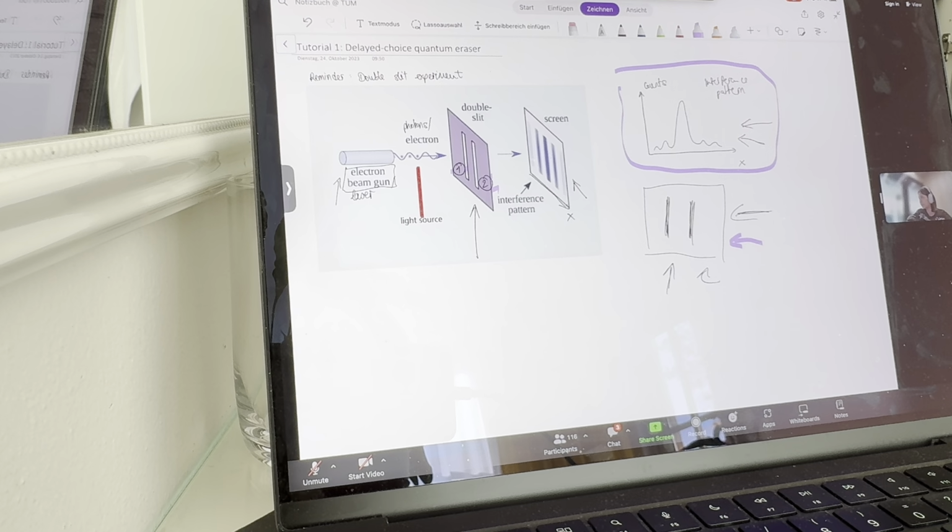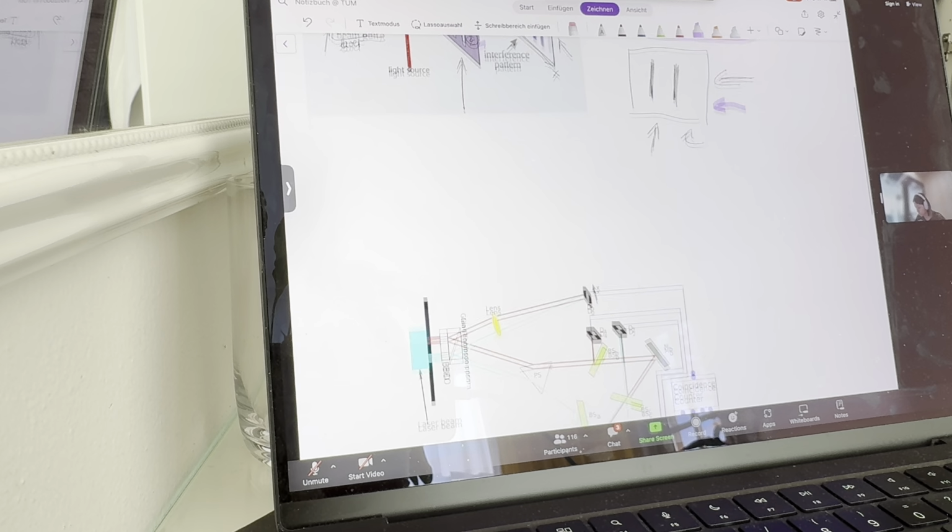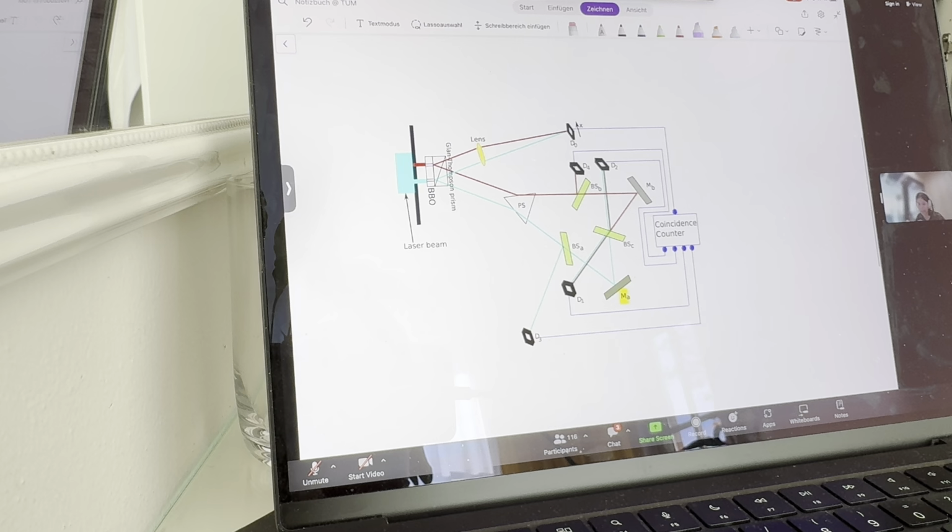Okay, so I guess we can go on with the second experiment, which is a variation of the double slit experiment. It's slightly more involved, but hence maybe also a little bit more interesting, I don't know.